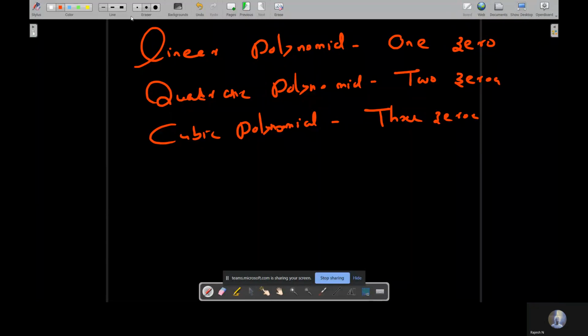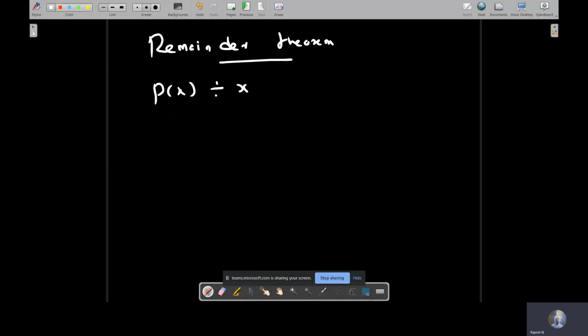Then, the next one is the remainder theorem. This is not in your syllabus, but for your knowledge only. If a polynomial p(x) is divided by x minus a, then the remainder is p(a).